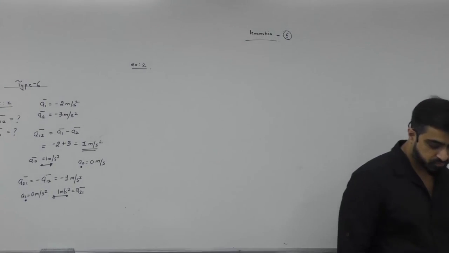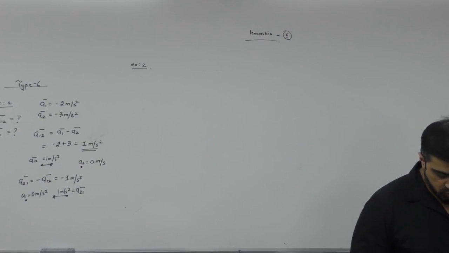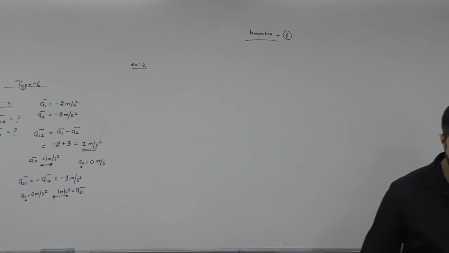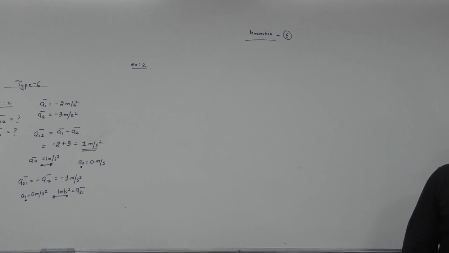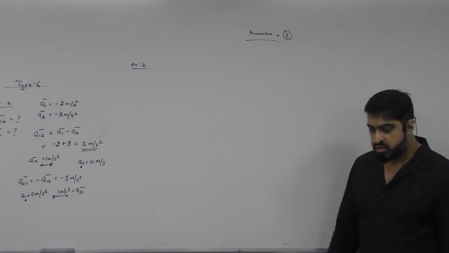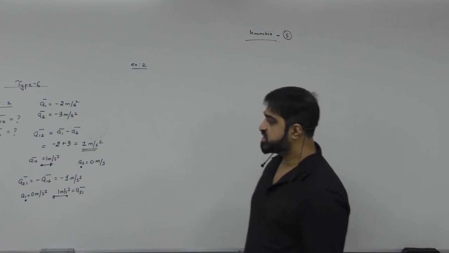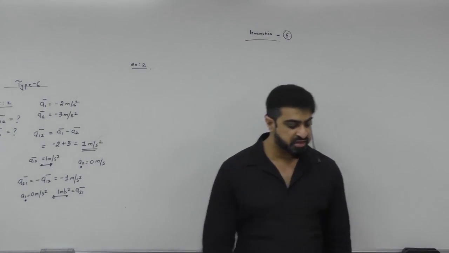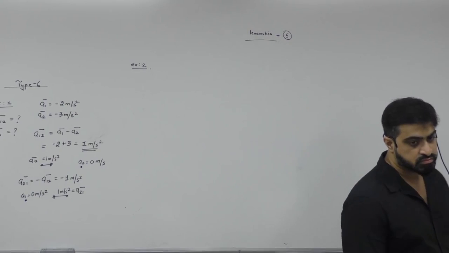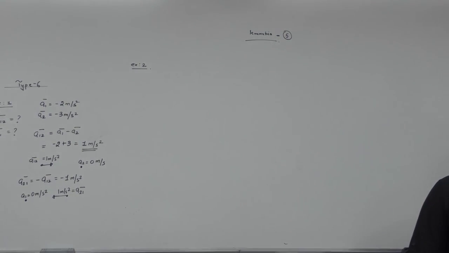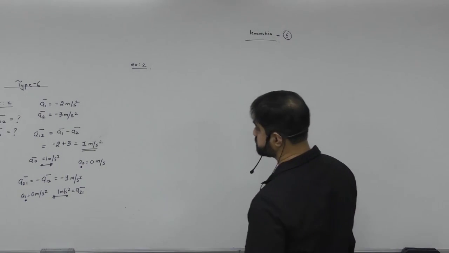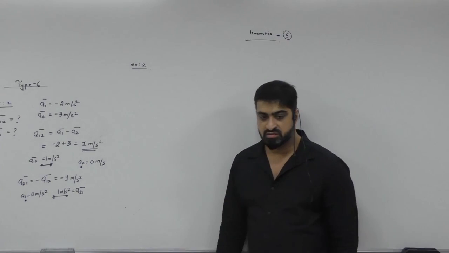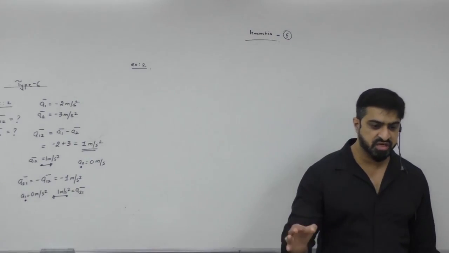Next question. Velocity of 1 is 3 meter per second towards east. Velocity of 1 is 3 meter per second towards east.